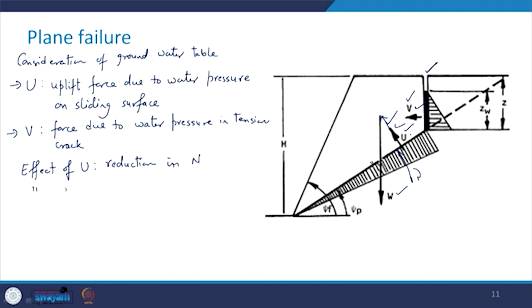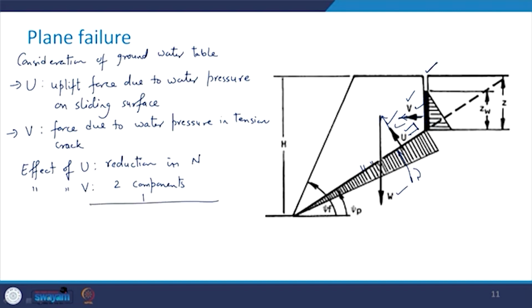and the effect of V is going to be in two directions, because if you see, it is acting in the horizontal direction. So, it will have its component parallel and perpendicular to this discontinuity plane. So, this V will have two components.